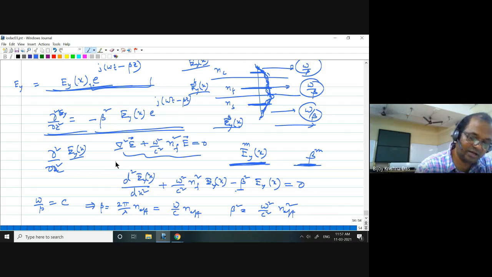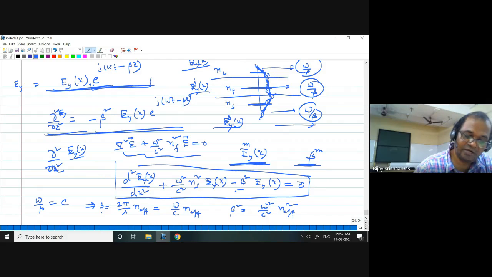So this equation I can just modify. Instead of beta square, I can write this one, so that I can get N effective. N effective square is unknown to me for the moment. I need to solve that, and EYX is also unknown to me. So I have only one equation, but I need to solve that one.